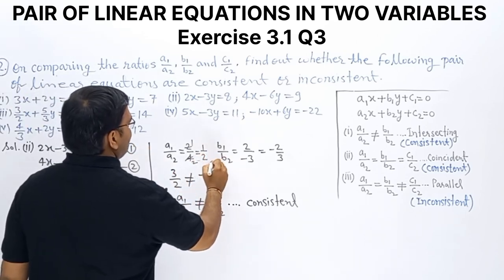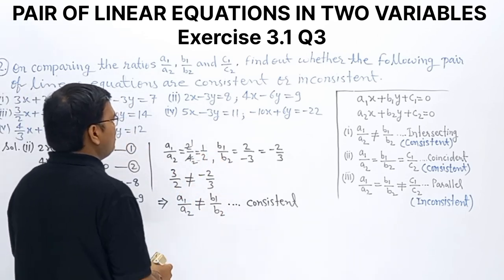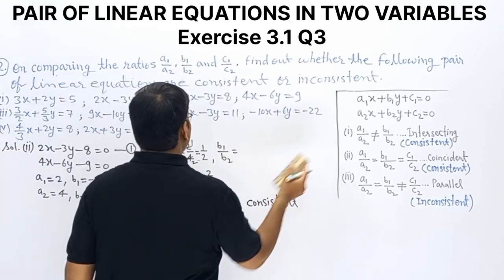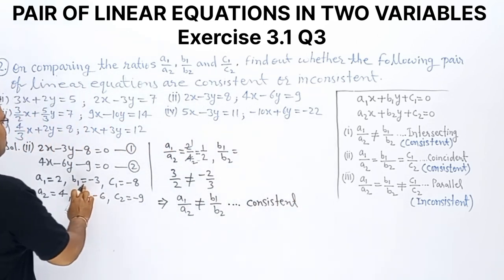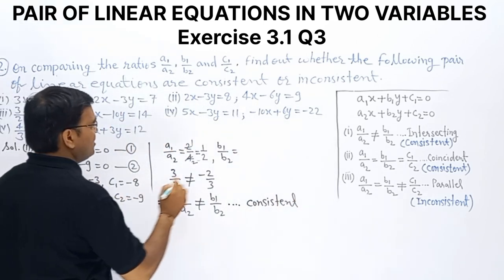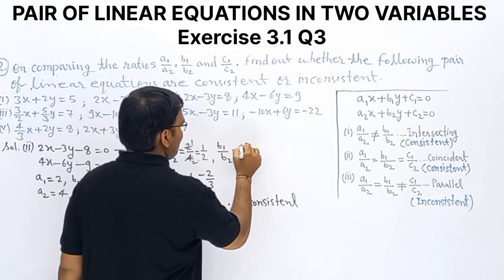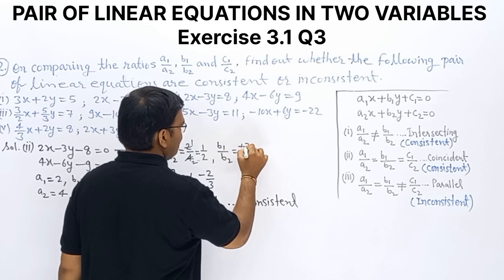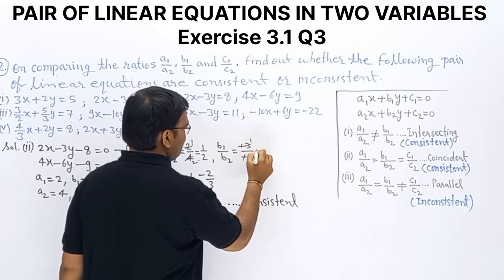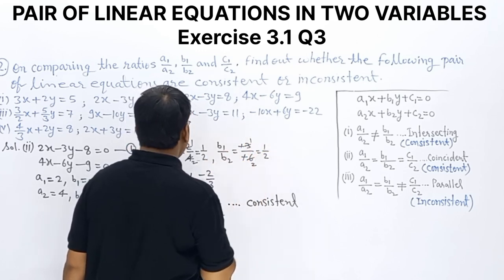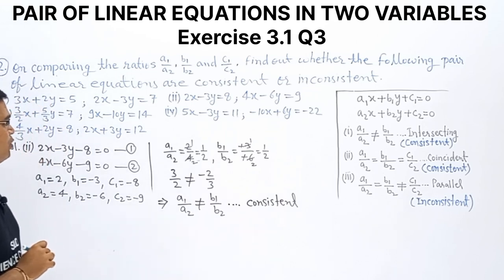Clear? Now next, b1 upon b2. How will we write b1 upon b2? b1 is minus 3 and b2 is minus 6. Minus 3 upon minus 6. Minus will be cancelled to each other. We are getting 1 by 2. Till now we are having the ratios a1 upon a2 equal to b1 upon b2.